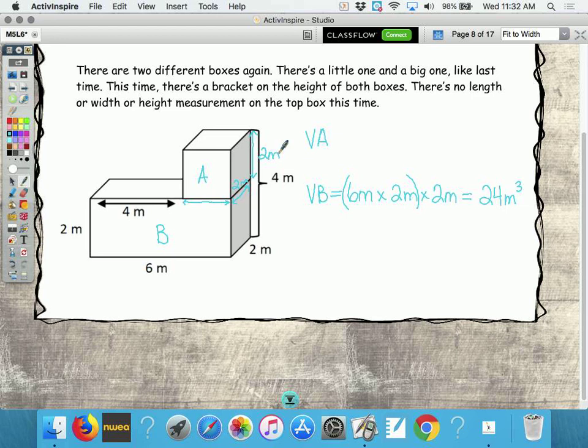You can subtract. Oh, well, it's a cube. You could do 6 minus 4. Good. 6 minus 4 equals 2. It looks like a cube. Now I know it's a cube, don't I? Yeah. Okay. So now you can do the volume of A.